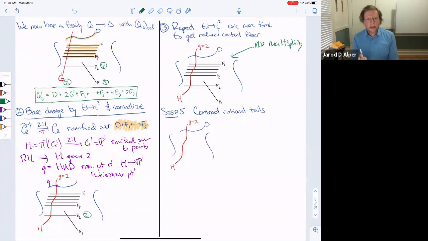And so we proceed with the last step, which is to contract all the rational tails. And we see what that does is just removes all of these Fs. These guys get contracted, and you're left with this central fiber here, right? And this is the stable limit.